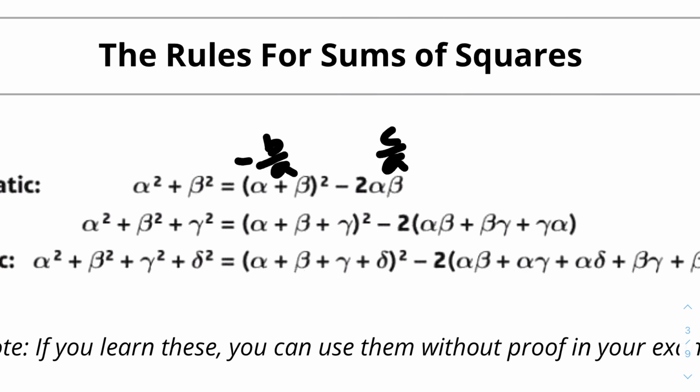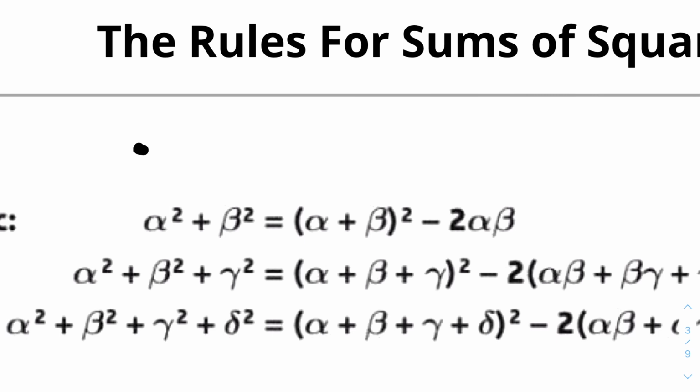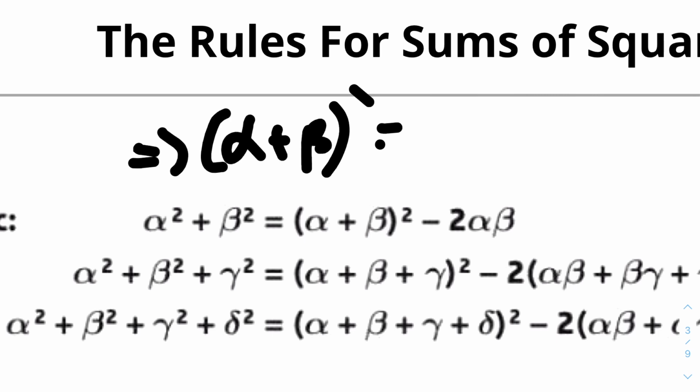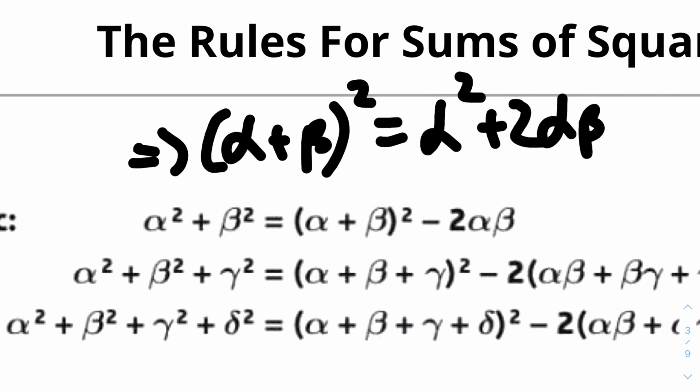So the way that we derive this is that we first consider the power of the roots. In this case, they are power of 2, right? So we can consider alpha plus beta squared. We just expand it normally. Expanding it, we get alpha squared plus 2 alpha beta plus beta squared.